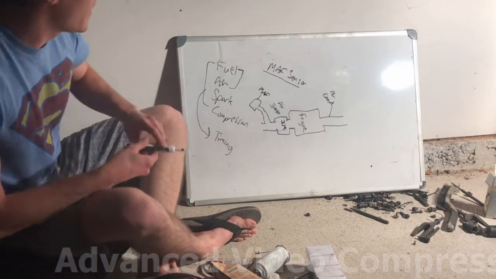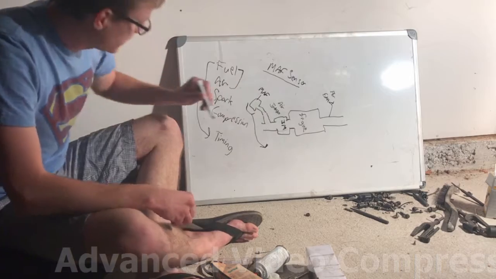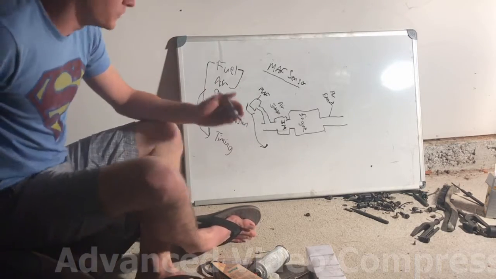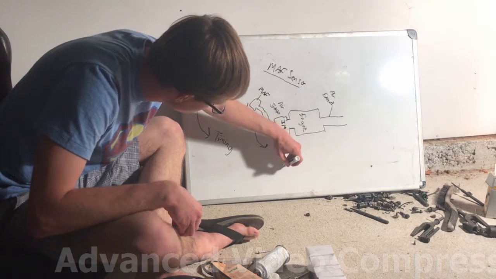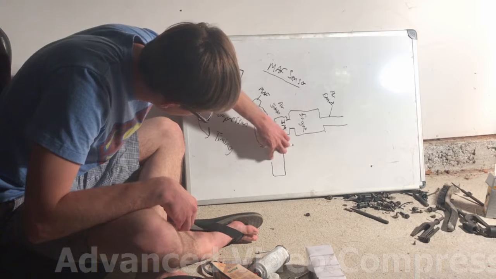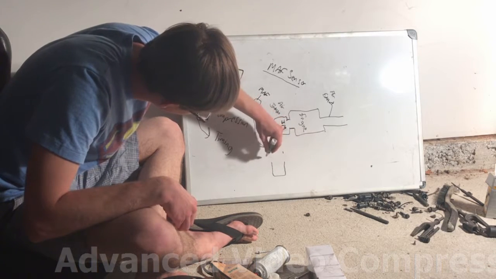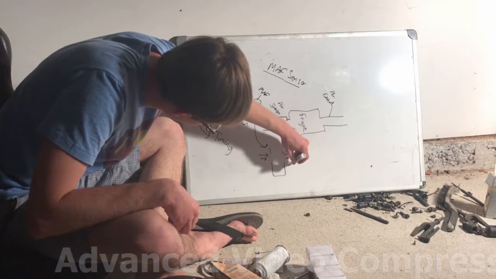And let's look at how the MAF works in a little bit more depth. So I'll go here. The MAF actually has a device called a resistor in it. So I'll go ahead and draw the inner workings of it. If we have air going this way, this is going to be our air.